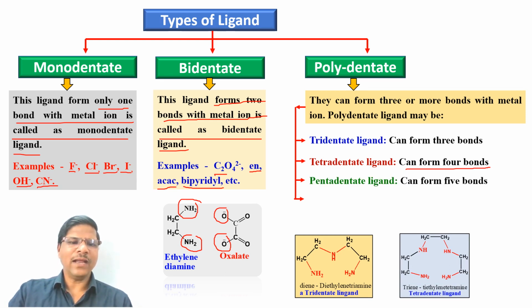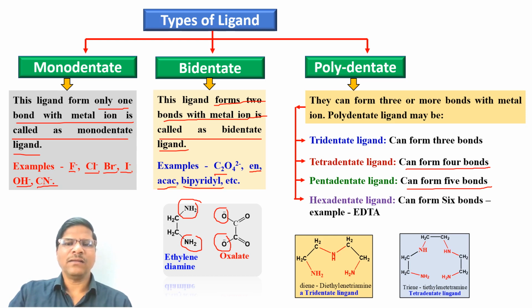The pentadentate ligand can form 5 bonds, and in a similar series the example is tetraethylene pentamine. And the hexadentate ligand can form 6 bonds with the central metal ion. Ethylene diamine tetraacetic acid is an example of hexadentate.